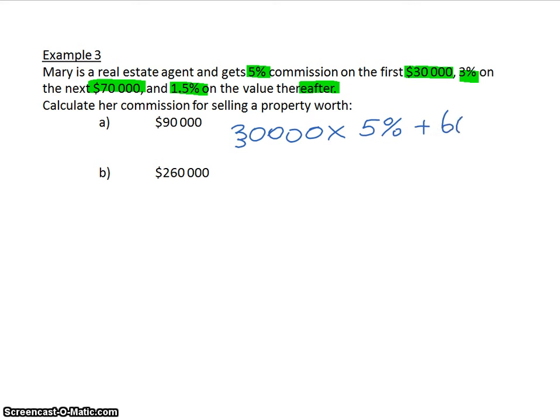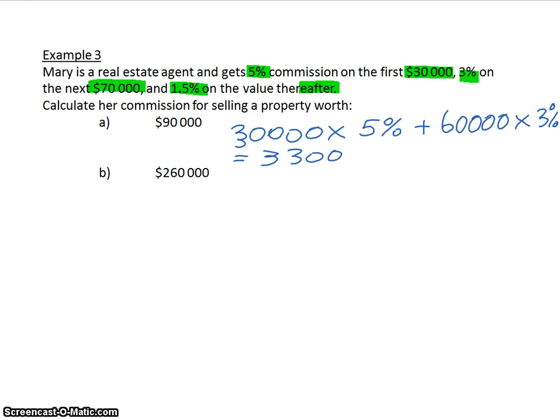So it's 60,000 times 3%, which leaves us with $3,300 just for the sale of that one house.